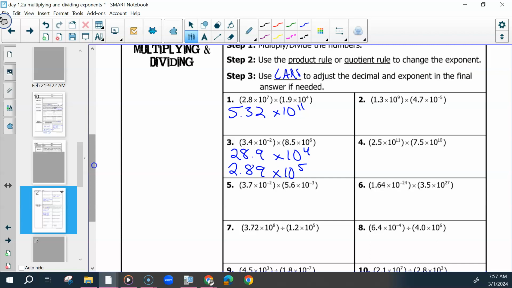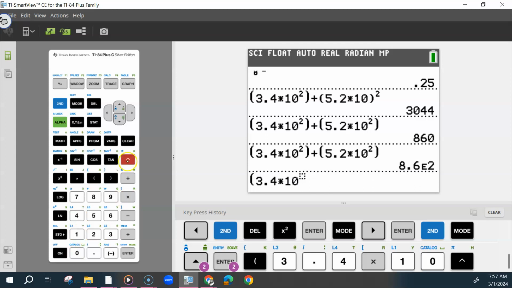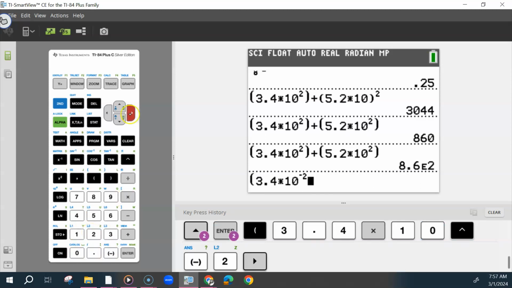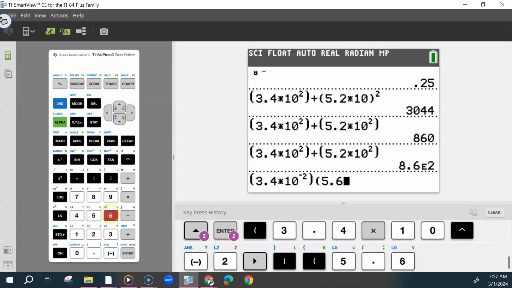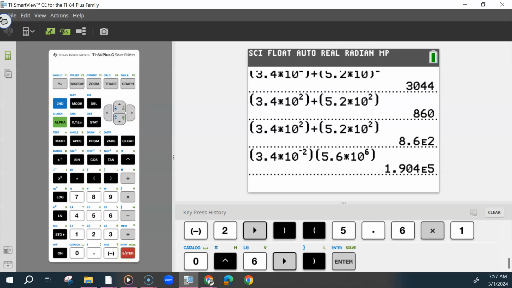Again, these can be double checked in Desmos, in the calculator, whatever, same thing. I think I said it wrong.